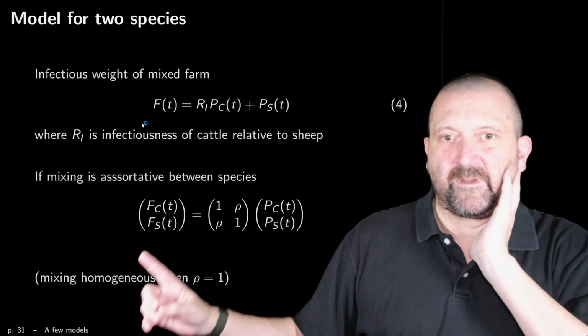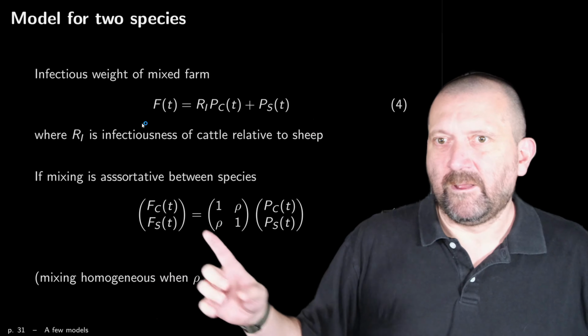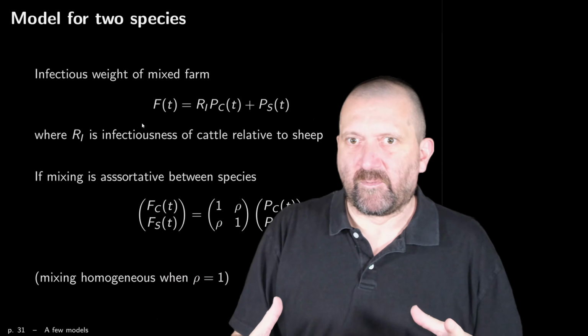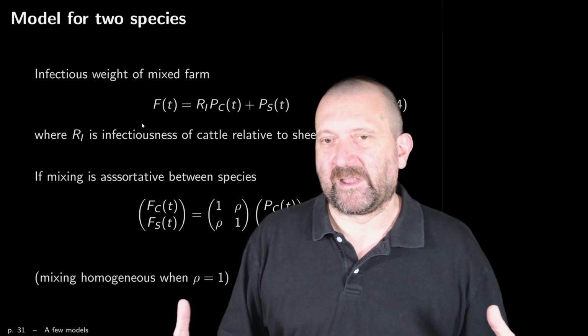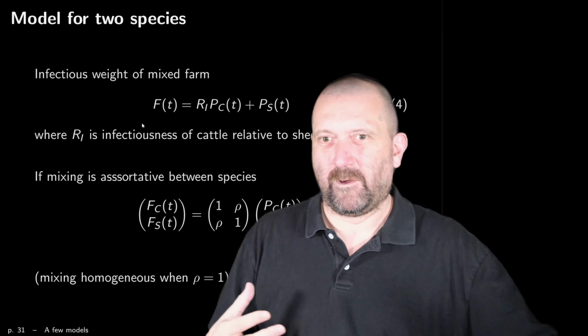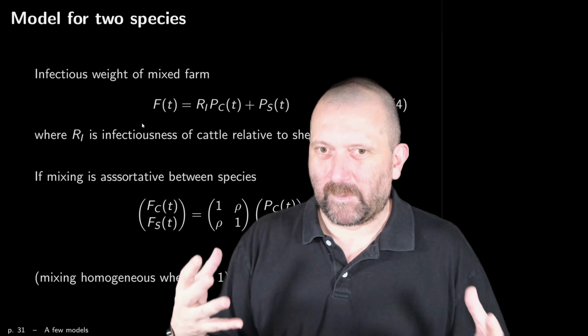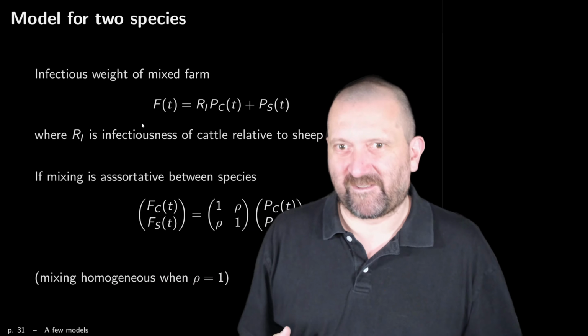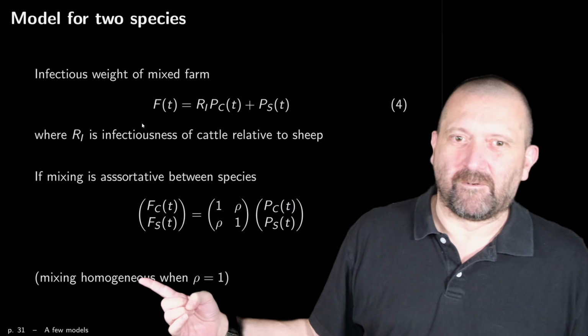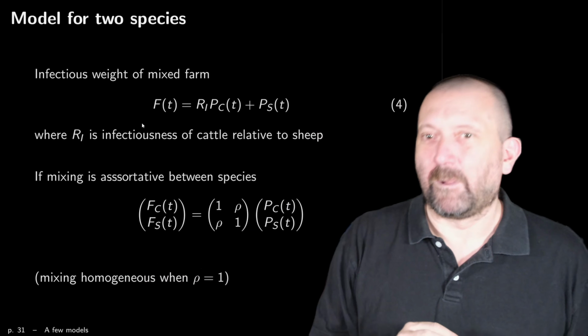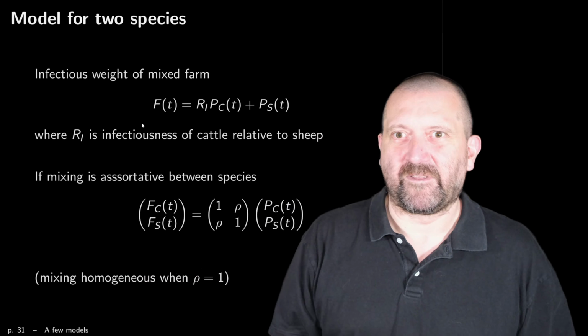For example, if you suppose that this rho is 1, you're just saying they mix homogeneously, but typically you have a herd of cattle and a herd of sheep. They will interact, but they don't necessarily always mix homogeneously. So that's how you control this using this parameter.